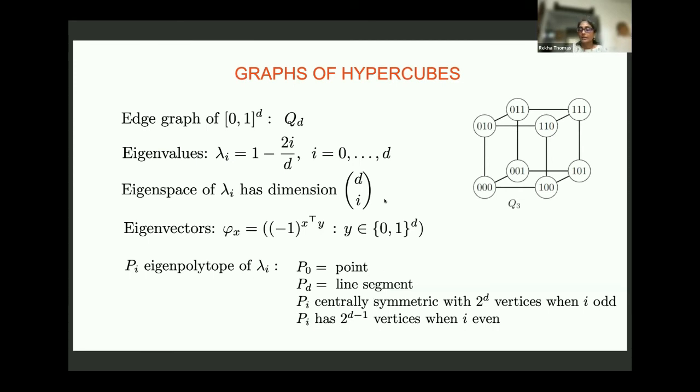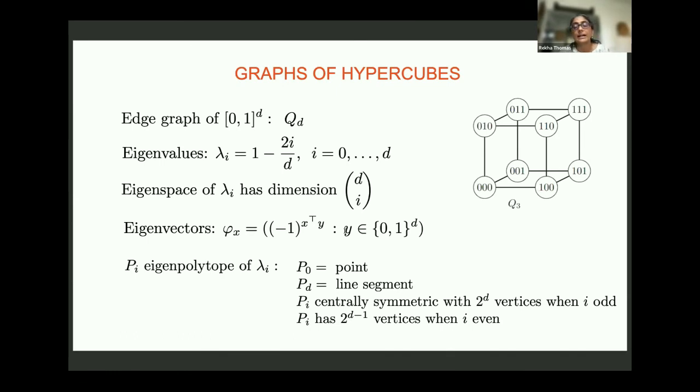So I will just very briefly tell you what happens in this case. We don't have a fully complete result, but we made some progress. If you let Q_d be the edge graph of the 0,1 cube, then the eigenvalues and the eigenvectors are known. The eigenvectors are the characters of the group Z_2^d, so they are known.